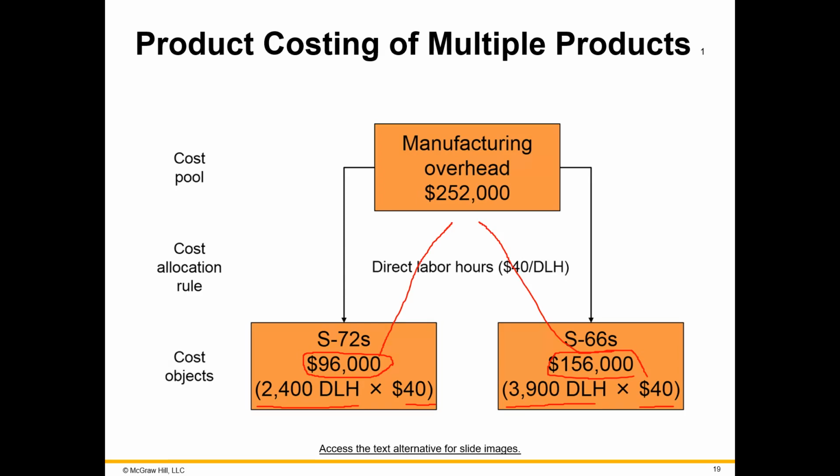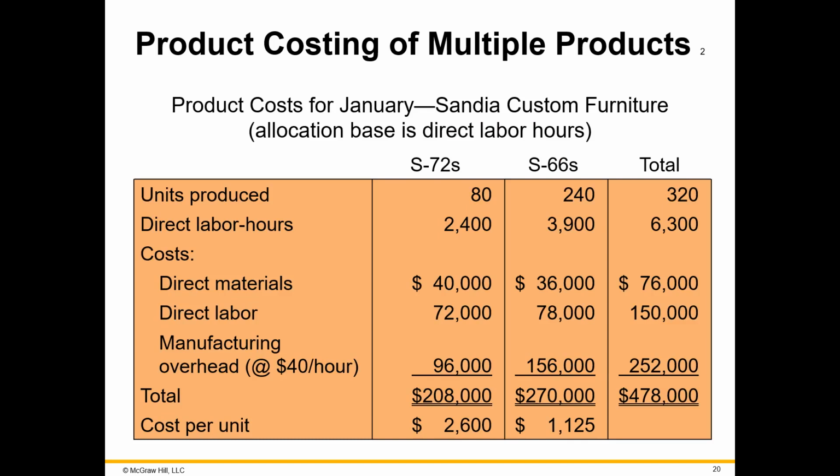And so here's our updated table. For the S72 line, we have our direct materials of 40, direct labor of 72, and manufacturing overhead of 96. So now we have total cost of 208. We take 208 divided by the 80 units produced, and that's how we get $2,600 per unit.